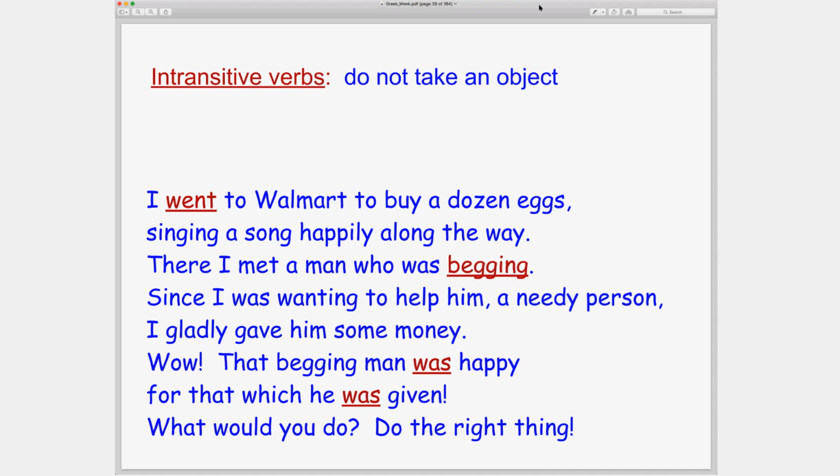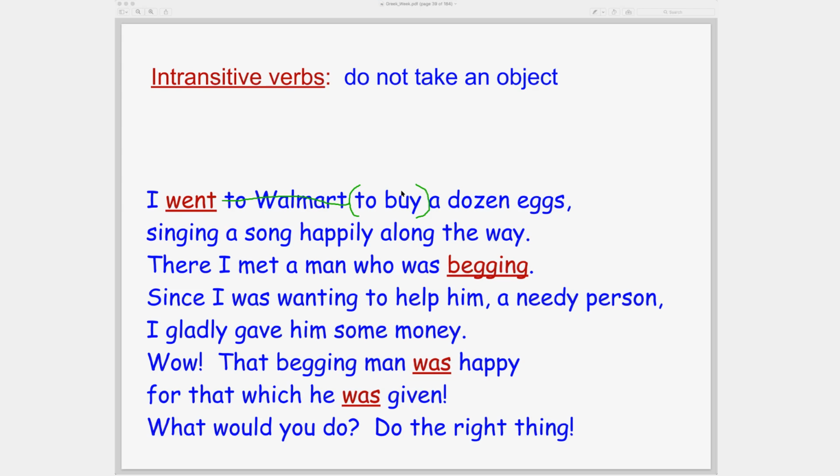Intransitive verbs, however, do not take an object. I went. Well, I just went. Remember that you can cross out the to Walmart. That doesn't matter because that's a prepositional phrase, right? And then this is an infinitive, right? We usually, in our grammar regimen, we put parentheses around an infinitive.